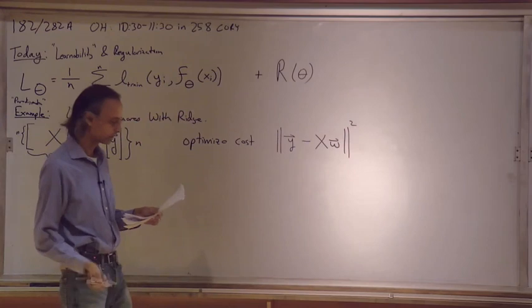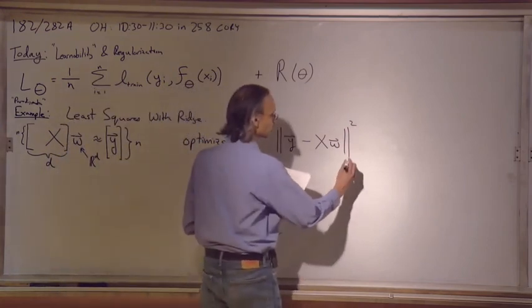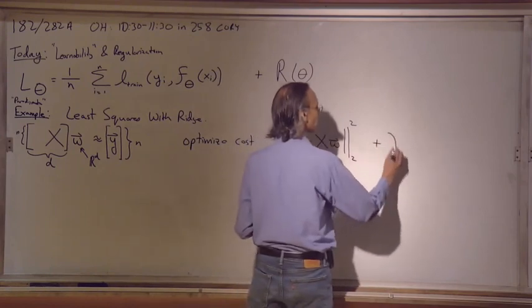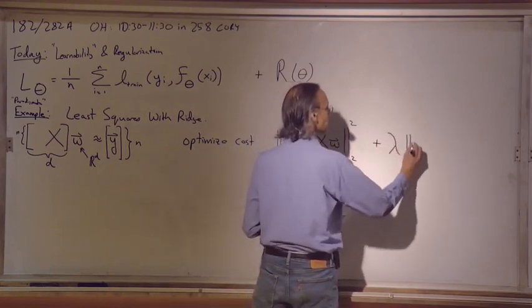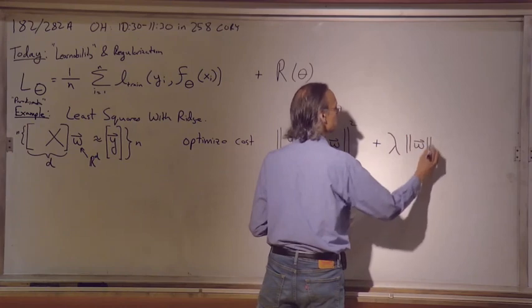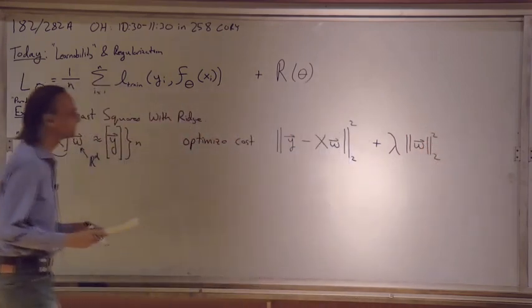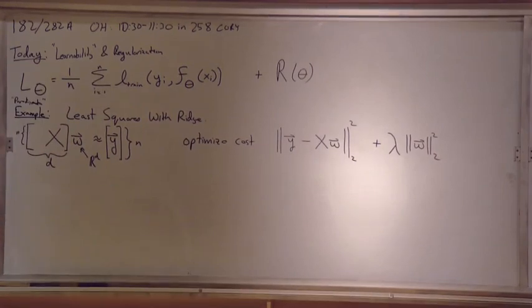So this is an n vector. I look at its length squared, usual 2 norm. And I have a penalty term that says, please don't make these weights get too big. Also 2 norm. So far, should be completely familiar to everybody.